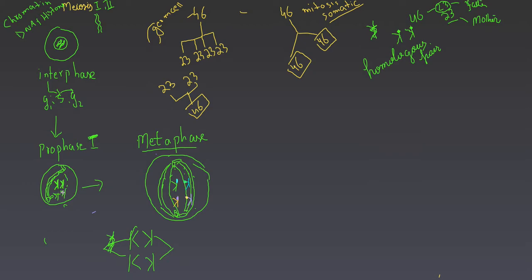So you start off with 4, and their homologous pairs, and when you separate them, you end up with 2, right? So in metaphase, they align, and instead of the microtubules pulling these two apart, they actually pull the whole thing from its homologous pair. So this is what metaphase is all about. So after metaphase, you have anaphase.